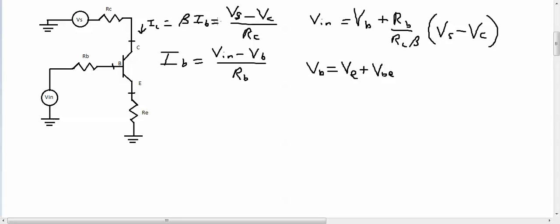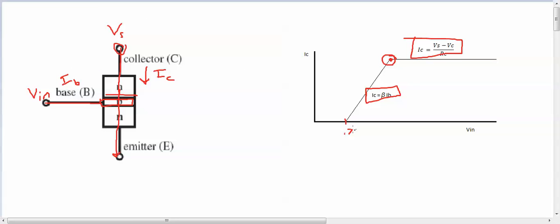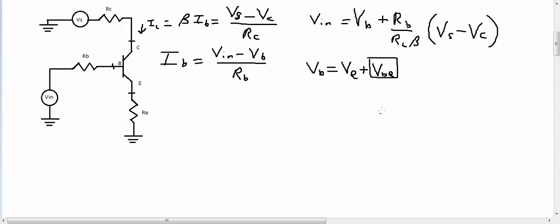And again, this value right there is generally 0.7. And the voltage at the collector is going to be equal to the voltage at the emitter plus the voltage required to go from the collector to the emitter, which is generally 0.2 volts. And we can plug those into our equation.